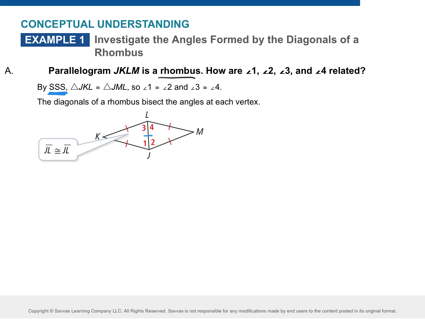So the two triangles are congruent by side, side, side, which means that we can say angle 1 is congruent to angle 2, angle 3 is congruent to angle 4. What can we call this diagonal right here? What does it do to the angles? Bisector, right? Yep. So that third property under rhombuses is the diagonals are angle bisectors.